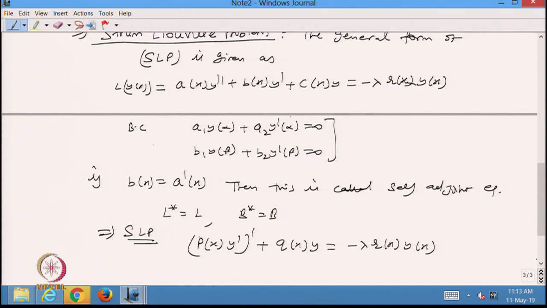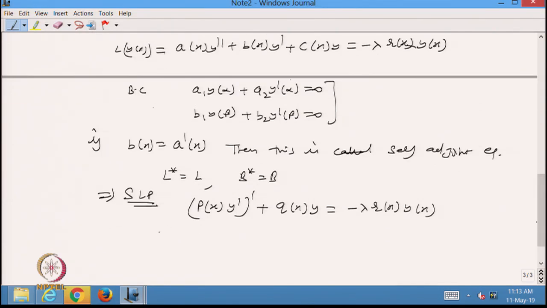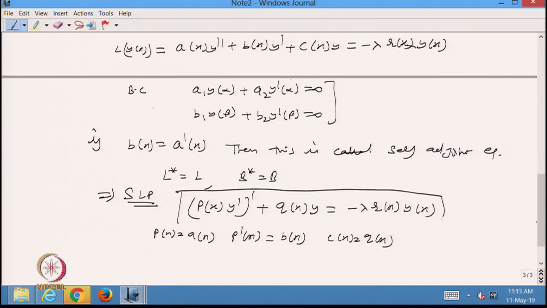I just replace: P(x) is A(x), P dash(x) is B(x), and C(x) is replaced by Q(x). Now my equation is this one, and you can see from here that this is self-adjoint.